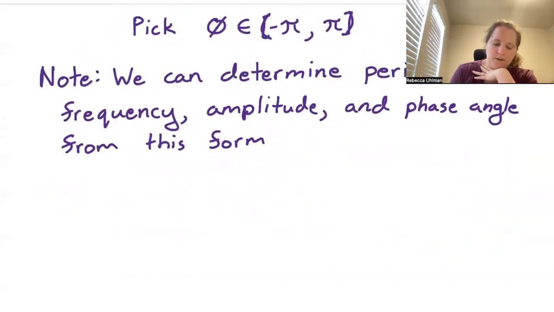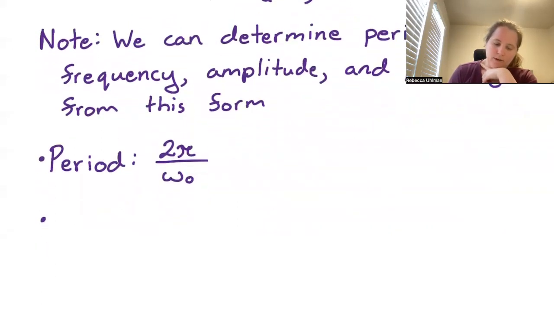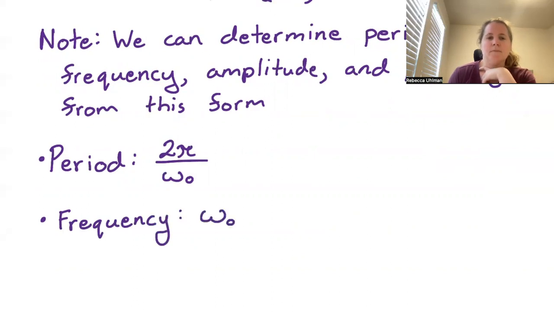So our period would be 2 pi divided by the coefficient of t inside our cosine, so 2 pi divided by omega naught. Our frequency is just that omega naught.